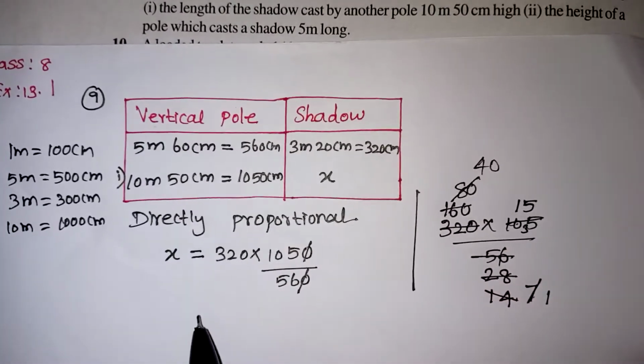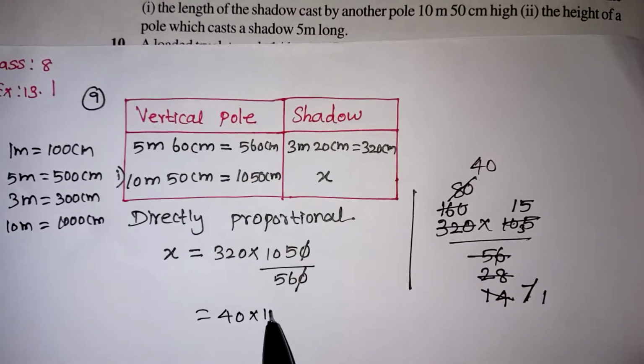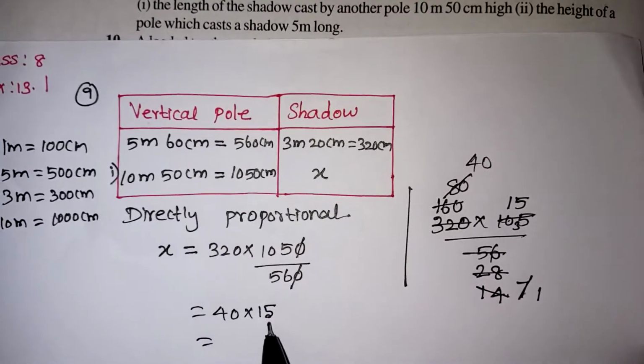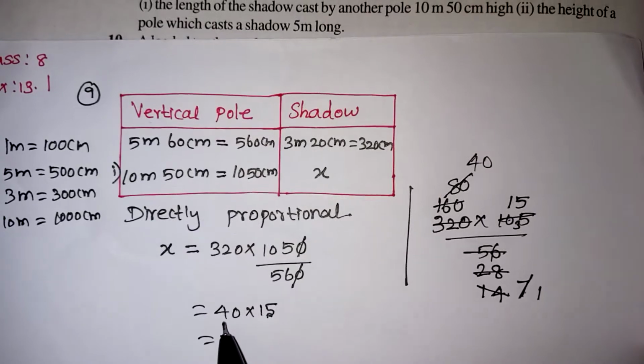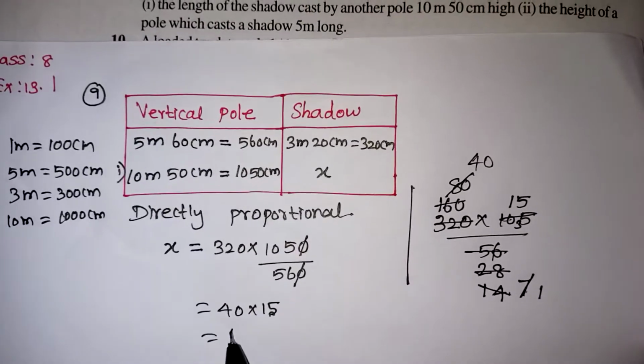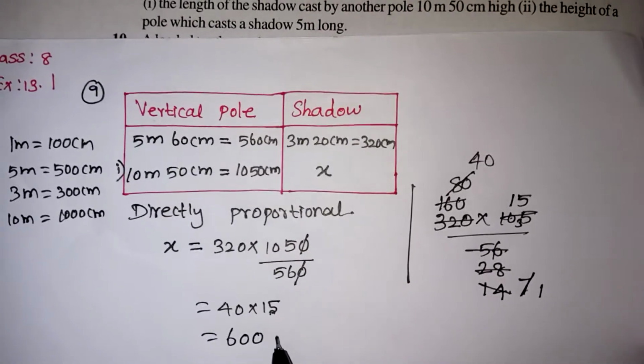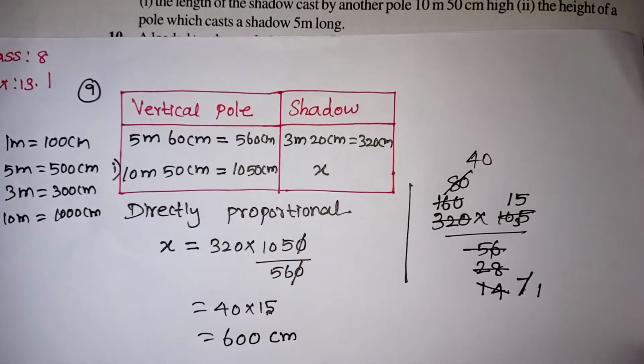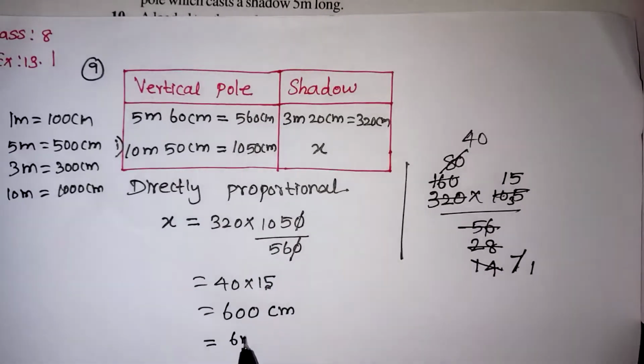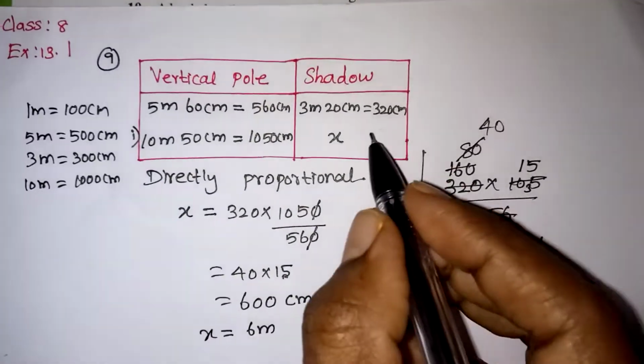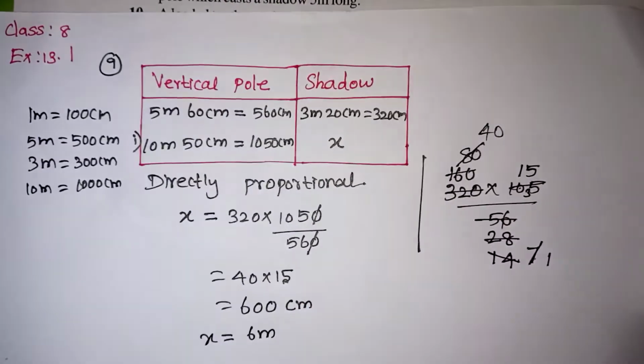So what we are getting finally, 40 multiplied by 15, 15 4s are 60. Here one more 0 is there. So we can say that 600 centimeter. 600 centimeter is nothing but 6 meter. So x is equal to 6 meter is your correct answer.